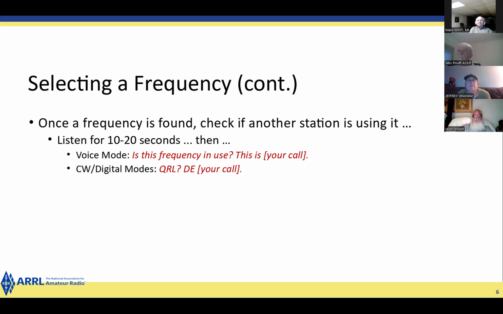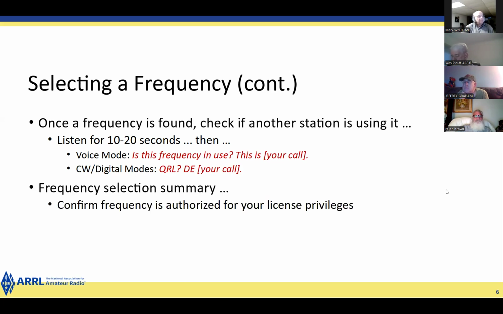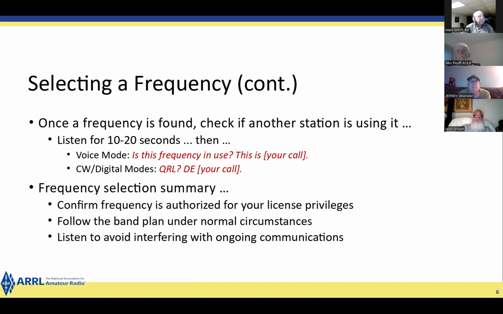That's not the way you're supposed to do it, and that's bad manners. Quite often you're going to be interviewing, and I've had people interfere with me that way. So in summary, confirm your frequency is authorized for your license privileges, and make sure you're not interfering with somebody.